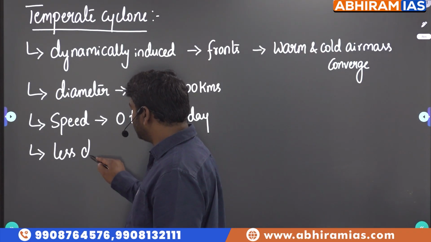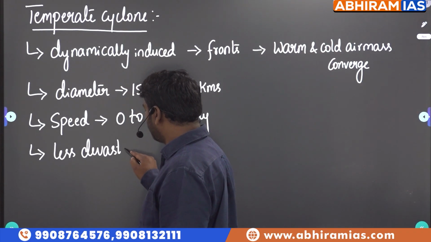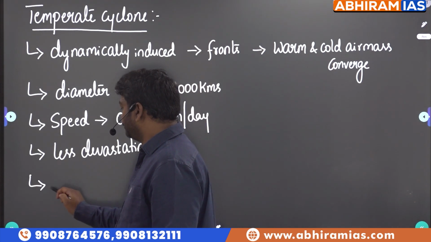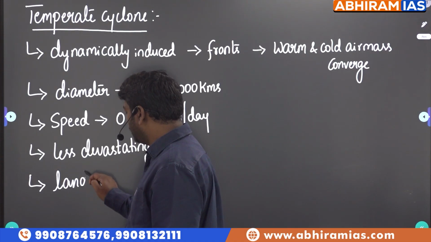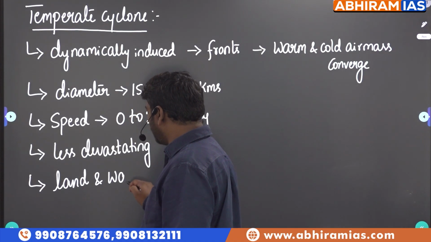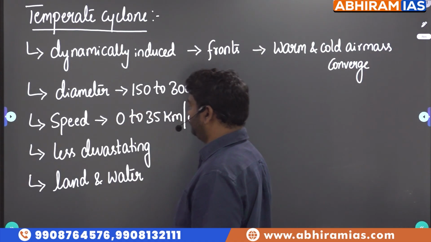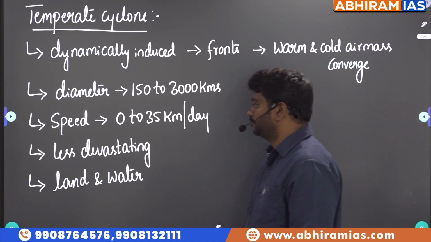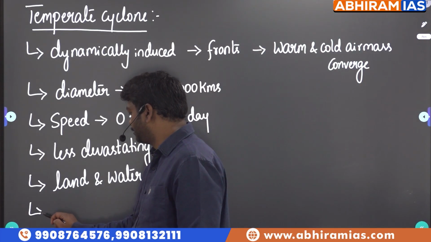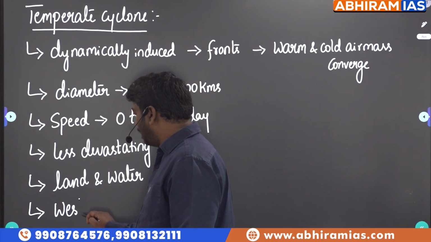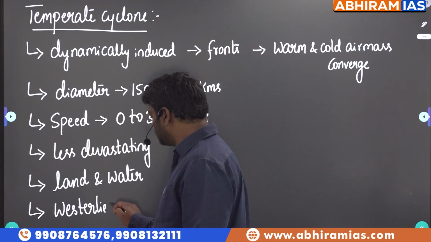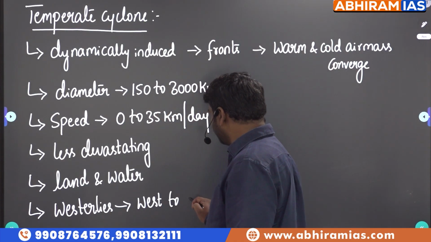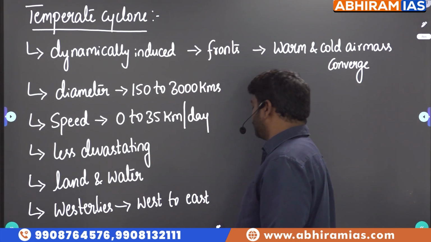It is less devastating. This point is very important. It can be formed on both land and water. Under the influence of westerlies, it goes from west to east.